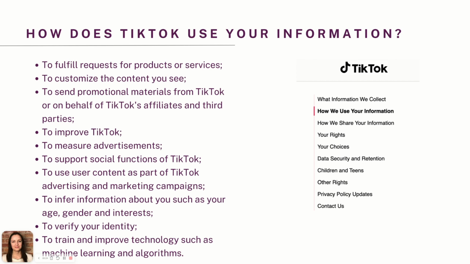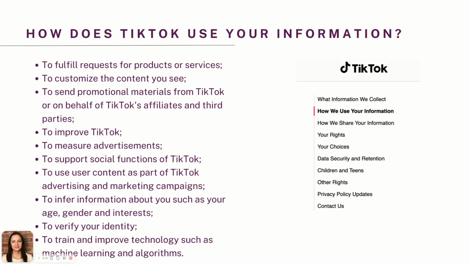So now that you know what information is actually being collected by TikTok, which is pretty much everything under the sun, how does TikTok actually use your information? They use it to fulfill requests for products or services. So if you buy a particular TikTok service, that information is being used to fulfill that request. To customize the content that you see. So, for example, if you're watching videos about dogs, it's probably going to use that information to show you more videos about dogs because it knows that's what you like.